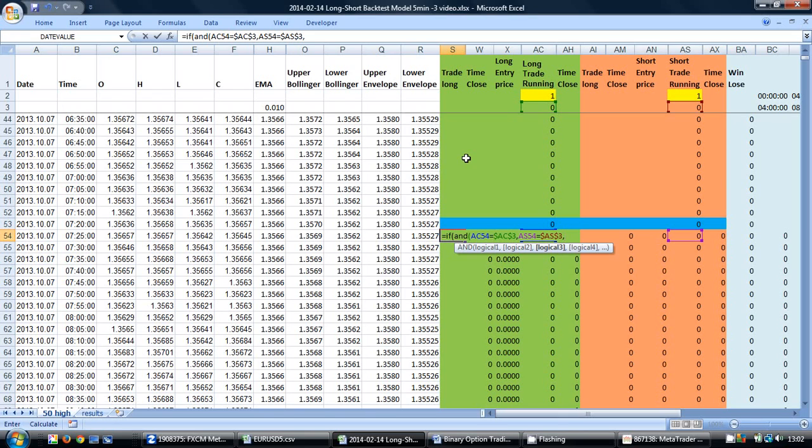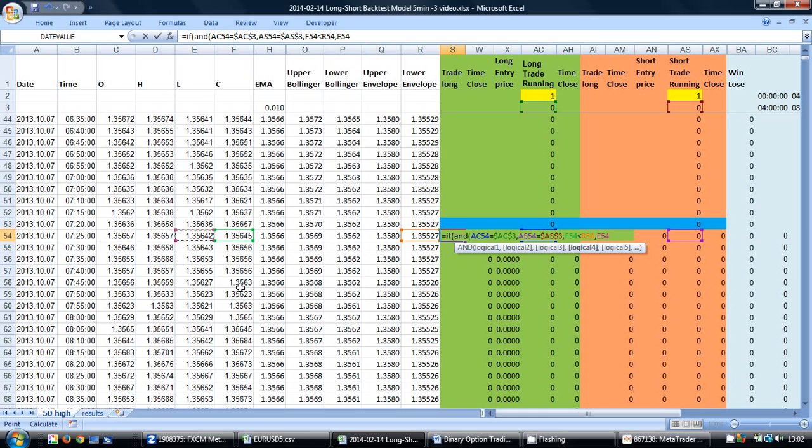Okay, so the next thing that I'm going to do is make sure that the closing price, don't forget we're doing a long trade here, is lower than our lower envelope. And make sure I'm in the same row. I'm going to look at our closing price and make sure it's lower than the lower envelope. The next thing that I want to put in is to look for our low.